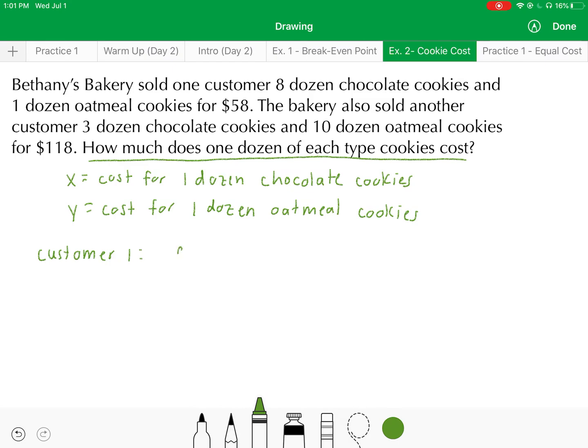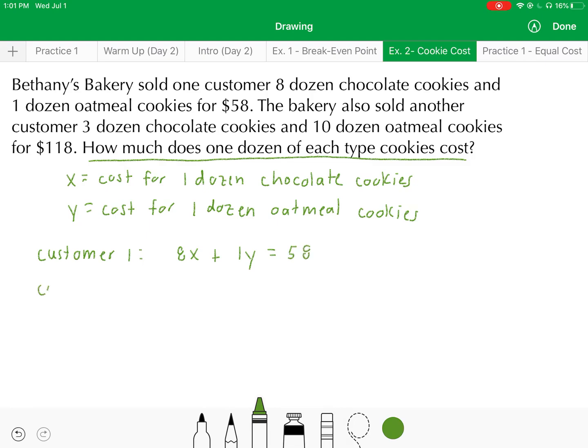So 8 dozen chocolate cookies times the price per 1 dozen chocolate cookies added with 1 times the cost of 1 dozen oatmeal cookies is a total of $58.